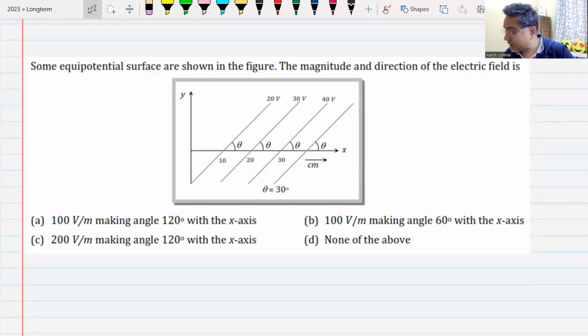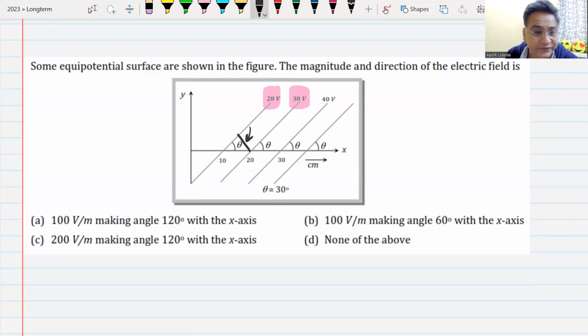So what is the answer for this one? You will have to find out the potential difference. Potential difference between these two lines is 10 volt. Yes or no? And then you will have to divide it by this.